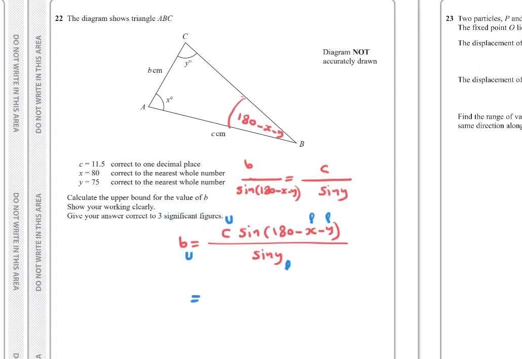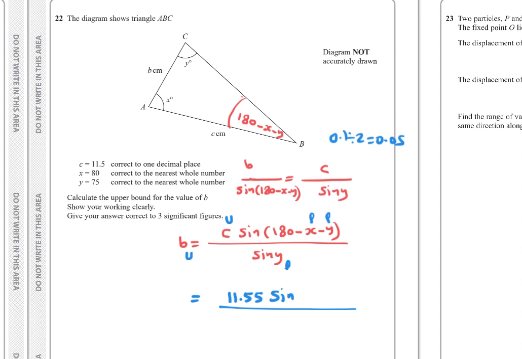So for c upper, c is 11.5 correct to one decimal place, so 0.1 divided by 2 is 0.05, so add: 11.55. For sine, we need x and y lower, x and y correct to the whole number, so 1 divided by 2 is 0.5, so subtract 0.5.